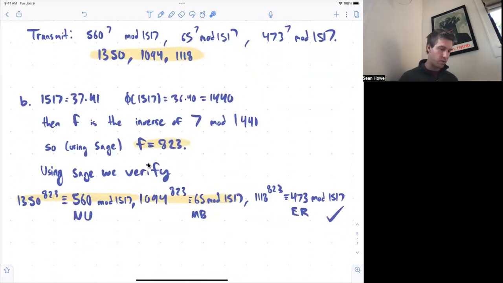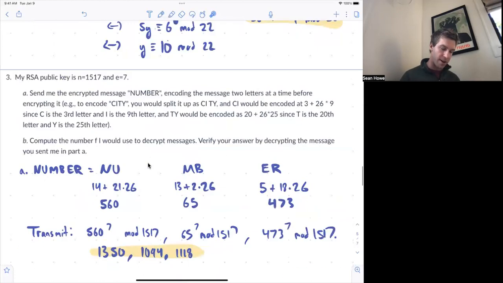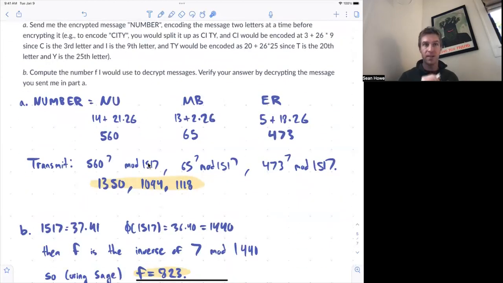So that goes over this homework RSA problem and how it might change if there were an RSA problem on the exam. Before I move on to the Diffie-Hellman problem from the homework, are there any questions about that?